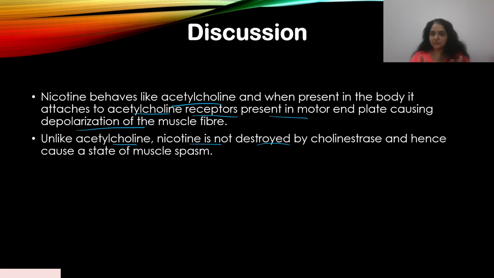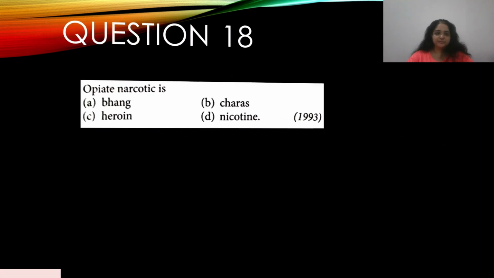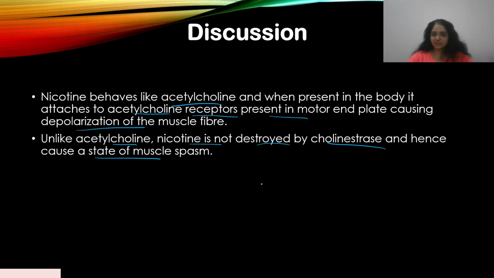But in nicotine, obviously that does not happen. It is seen in smokers, people who consume tobacco. So nicotine is not destroyed by cholinesterase and hence causes a state of muscle spasm, which is not a good thing. This is one of the properties of nicotine, and this is a good fact that you should know.